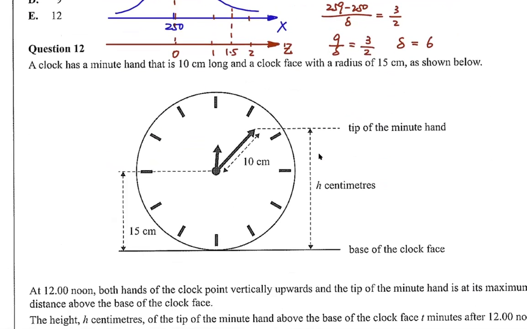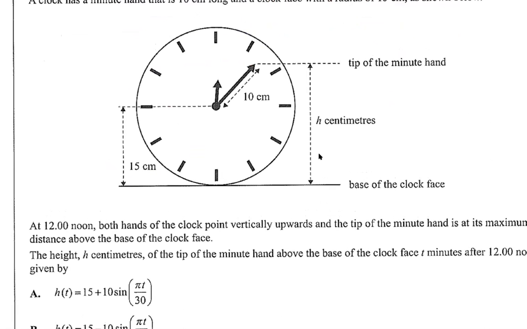A clock has a minute hand that is 10 centimeters long and a clock face with a radius of 15 centimeters as shown below. Right, so if I'm not mistaken, at 12 o'clock noon, both are upwards, okay?